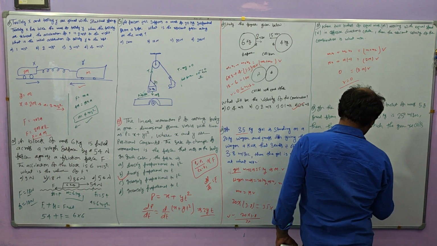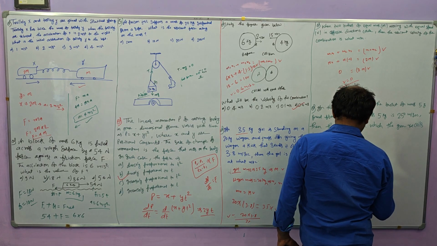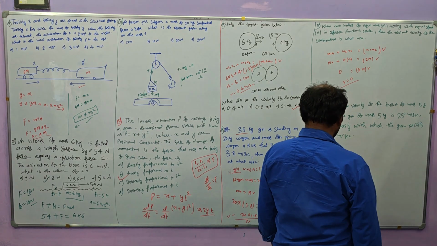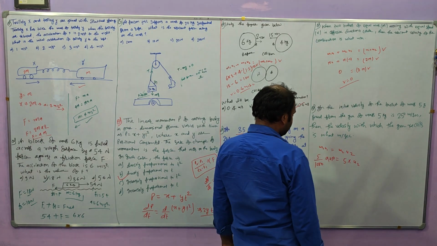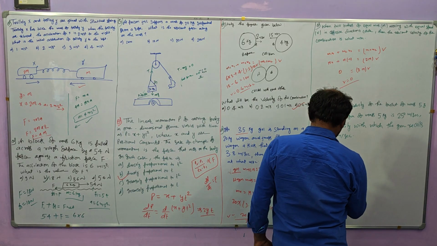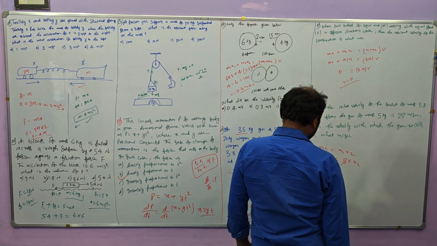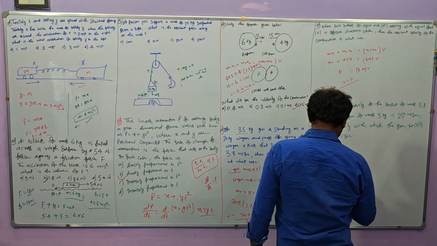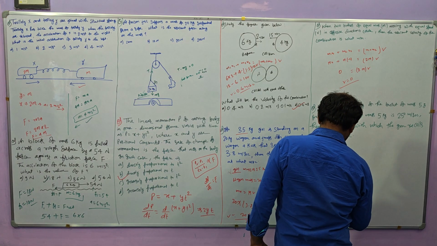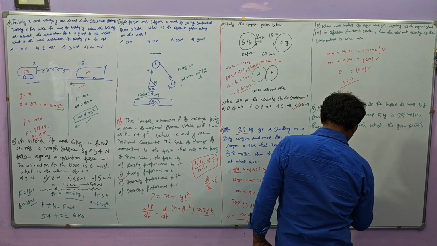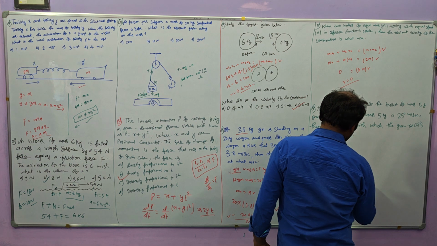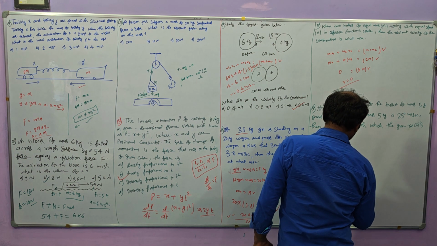It becomes 5, so u2 is equal to 0.25 meter per second.